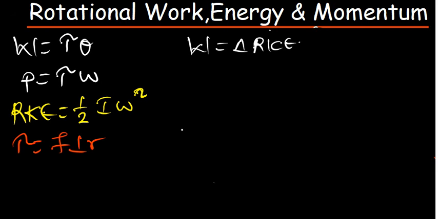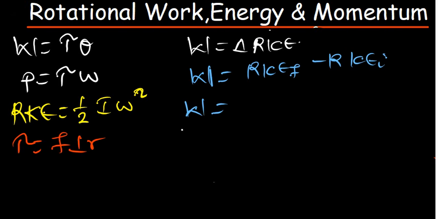So the work will be equal to the final rotational kinetic energy minus the initial rotational kinetic energy. So work will be equal to half inertia times the final angular velocity squared, minus half inertia times the initial angular velocity squared.